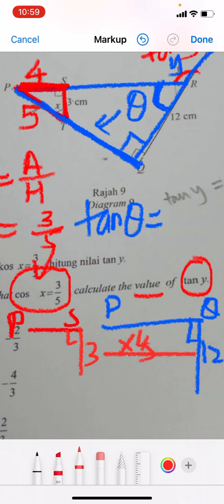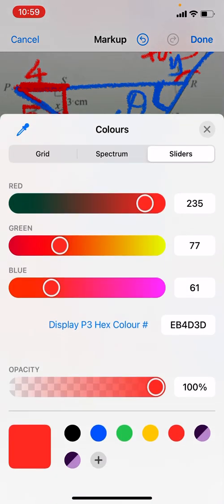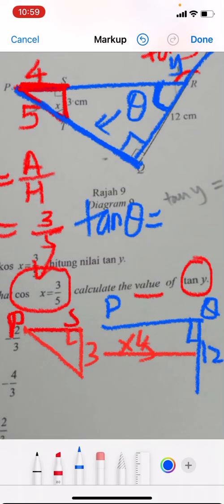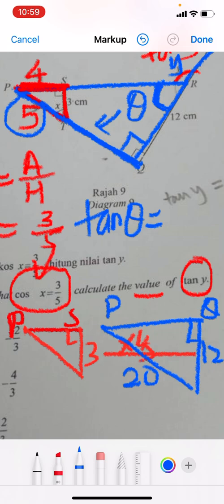That means for every length, you have to times 4. So since we have 5 here for the red one, we will times 4 with 5 to get 20. This is 5, right? So we have to times 4.